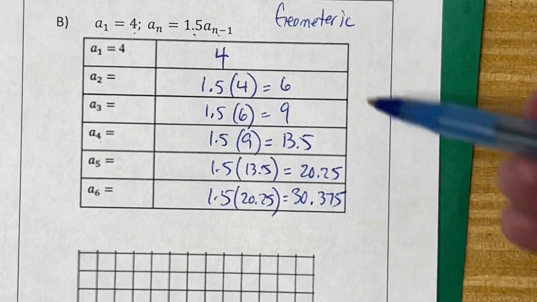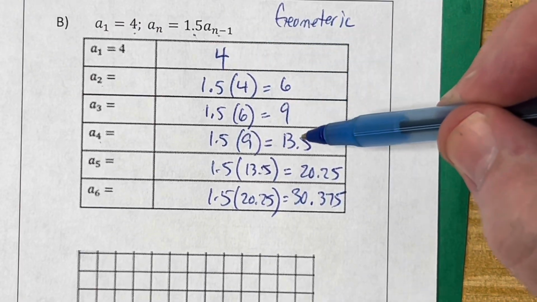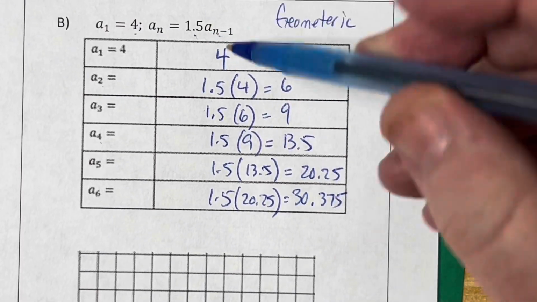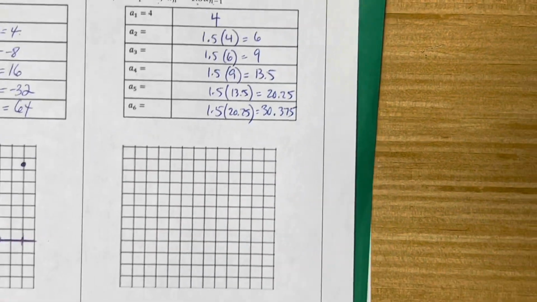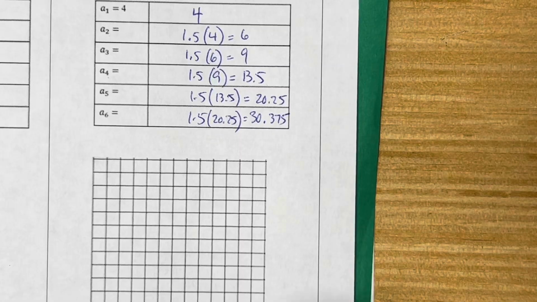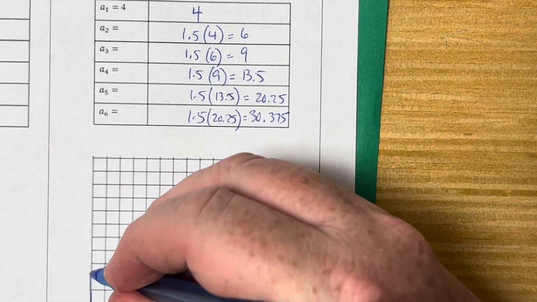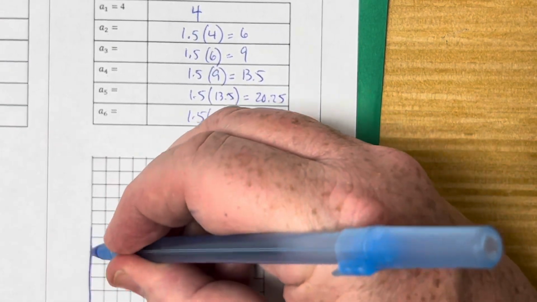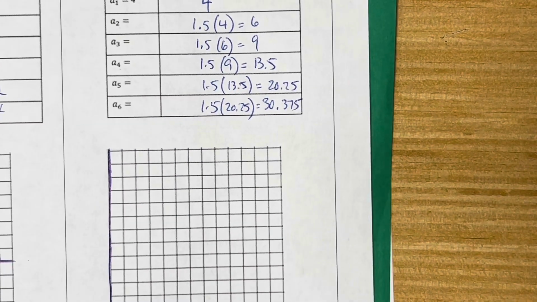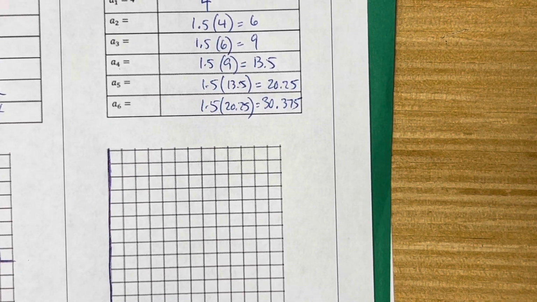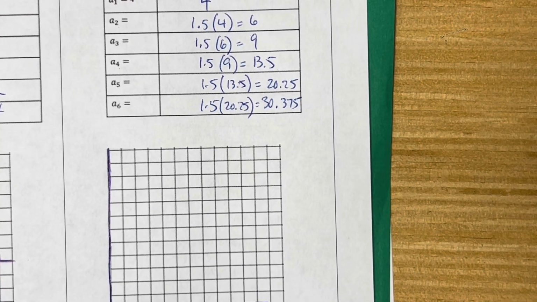We're going to graph these. Now, all of these are positives, so we don't have to worry about a negative value. So I'm just going to use quadrant 1. All right, so there's my y values, my x values.